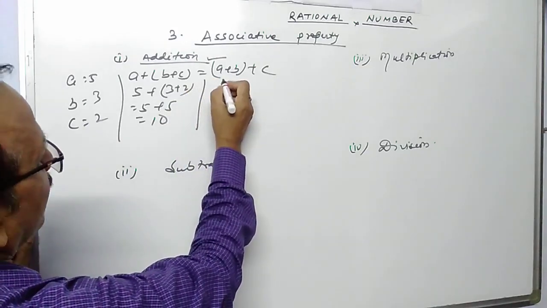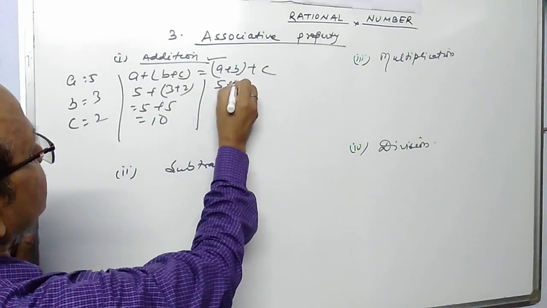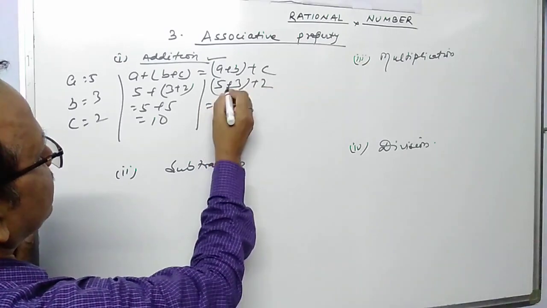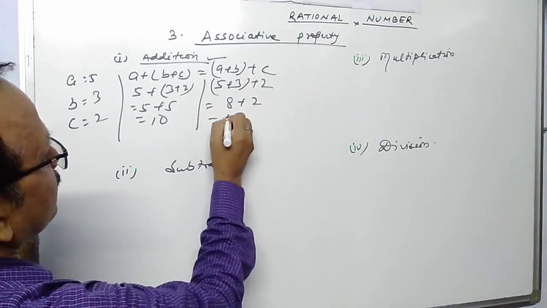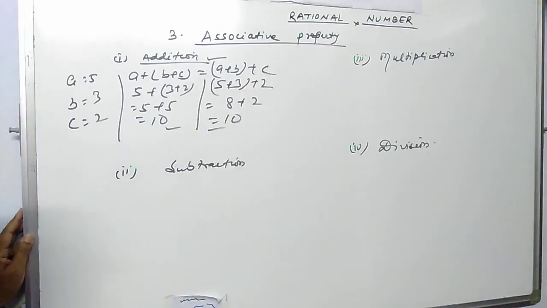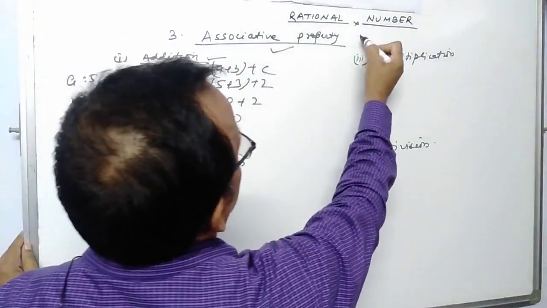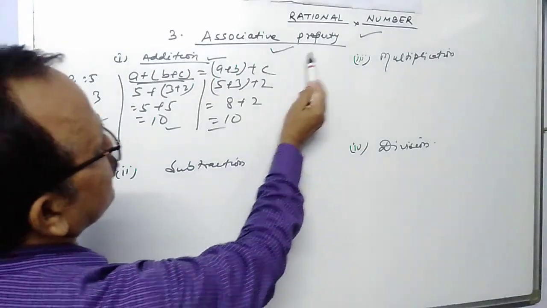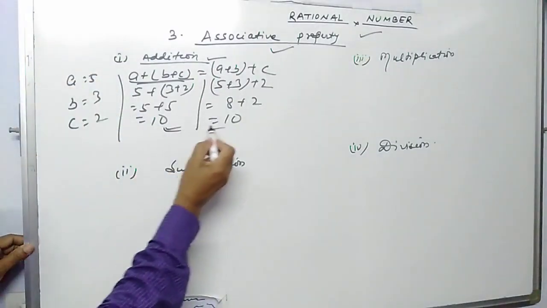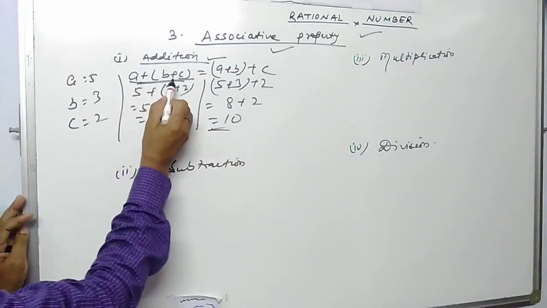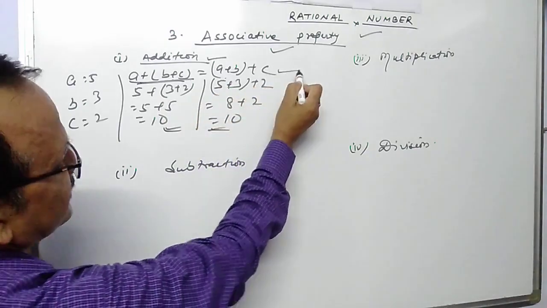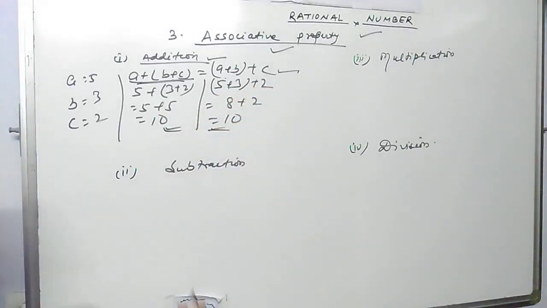In RHS, how much will it be? (5 plus 3) plus 2, that is 8 plus 2, that is equal to 10. In both cases we are getting the same result, that is, addition is associative for rational numbers. Addition is associative for rational numbers. Both sides we are getting the same result, that is a plus (b plus c) is equal to (a plus b) plus c.